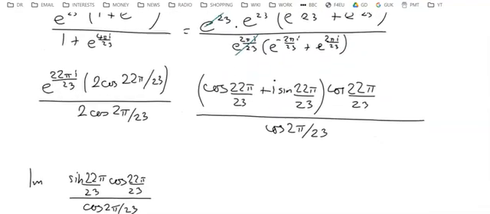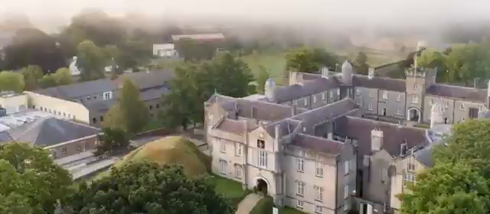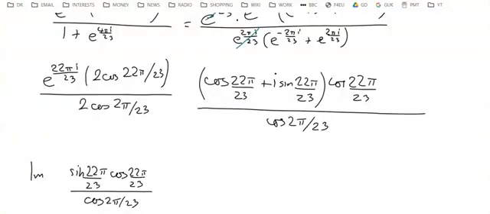If we look there, we find that that is sin 22π/23 cos 22π/23 over cos 2π/23. Again, sin 22π/23 is sin π/23, and cos 22π/23 is −cos π/23.